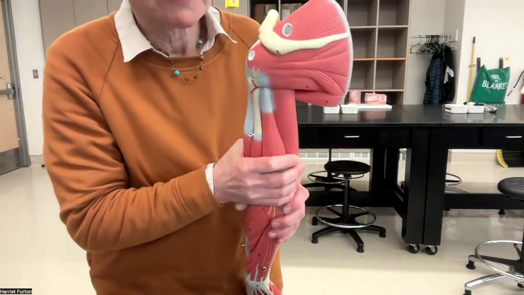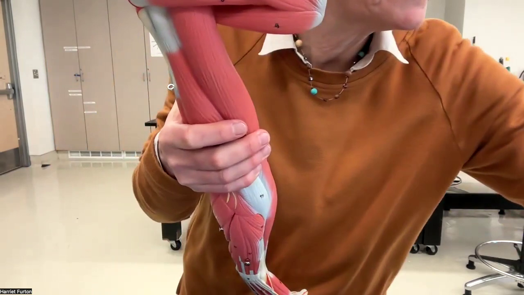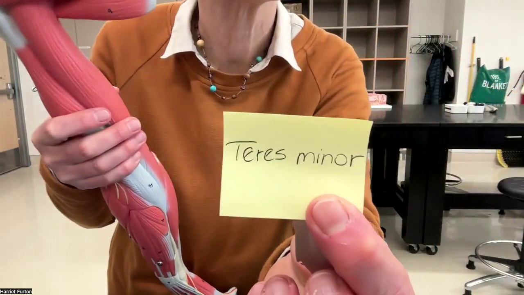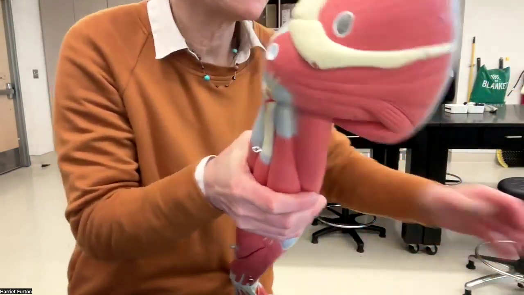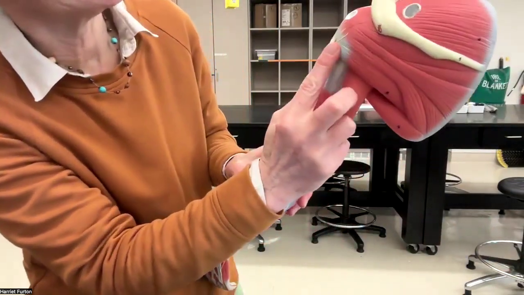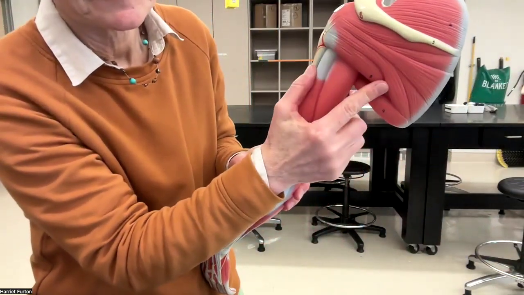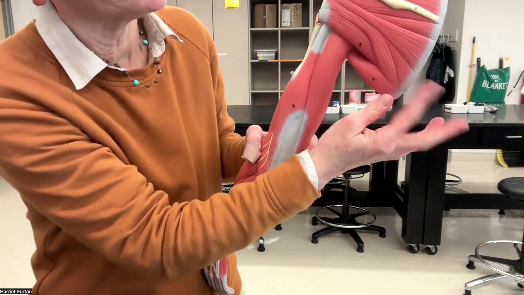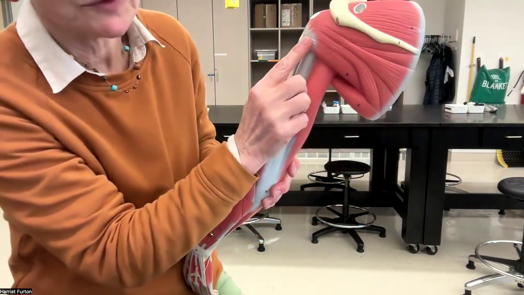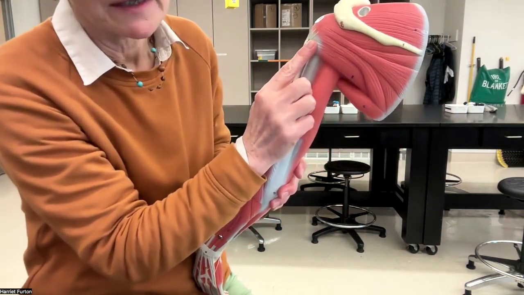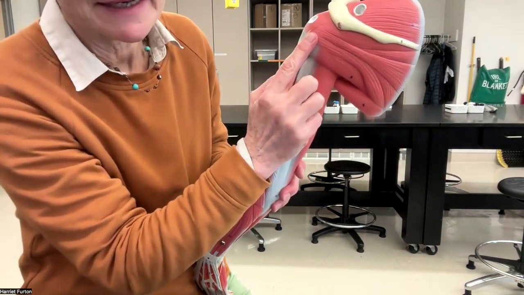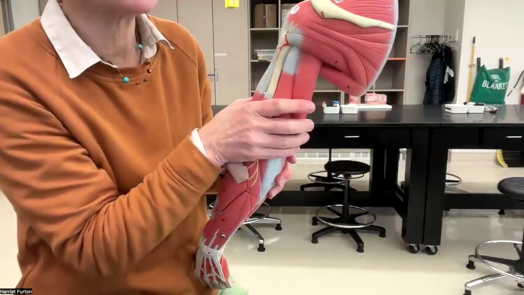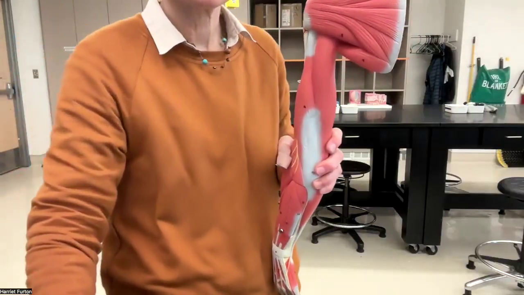The teres minor is this muscle, number 8. It goes from the lateral border of the scapula to the greater tubercle and laterally rotates the arm.